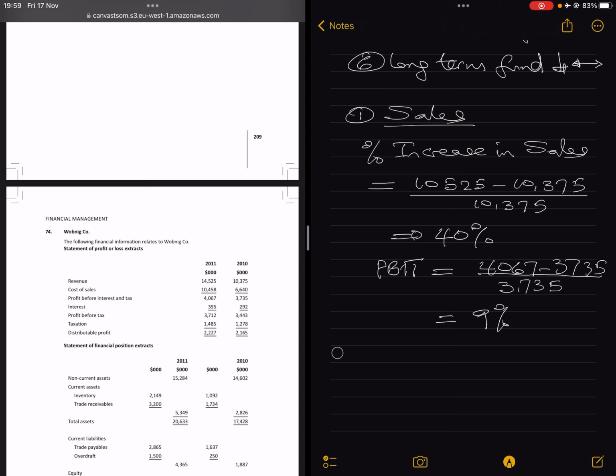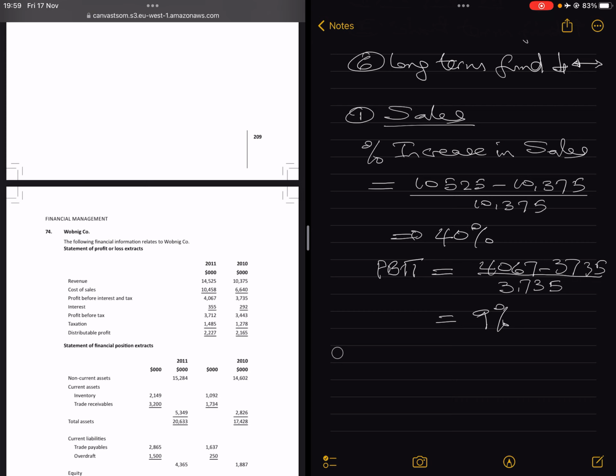So look at this. Sales went up by 40%. It's really bad. Really, really bad to have sales gone up 40%.